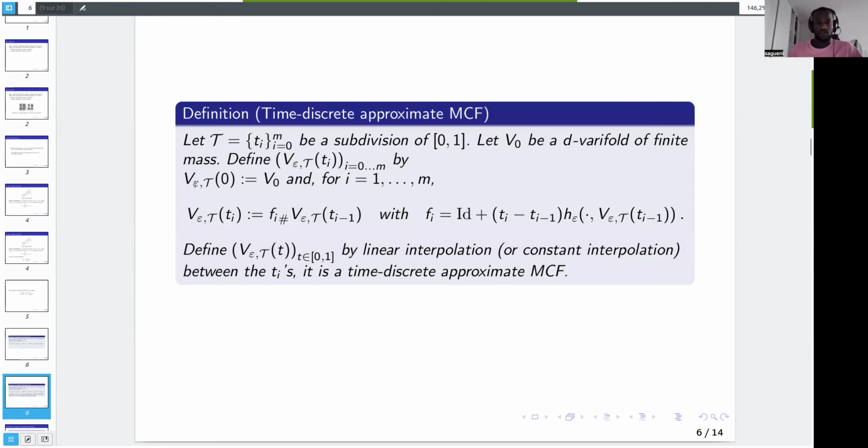We index our flow by epsilon and delta t, where t is a subdivision and epsilon the approximation scale. And at each time we do a push forward with velocity equal to h epsilon. So you fix a varifold, you do a push forward with h epsilon, you compute it again, you do push forward, push forward, push forward. And it gives you an approximate mean curvature flow for anything you want, including point clouds.